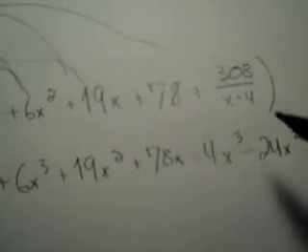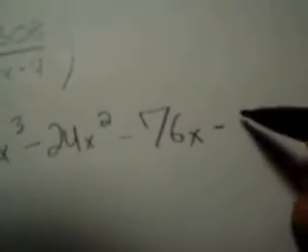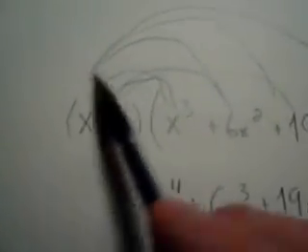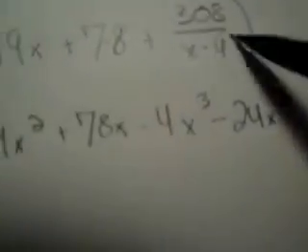Negative 76x, and then we're going to put this negative 4 through, through that. And we're going to get negative 312. Okay, now we're going to deal with this 308 over x minus 4. We're going to put this entire thing through that, so it just cancels out this with that, and you're going to end up with plus 308.